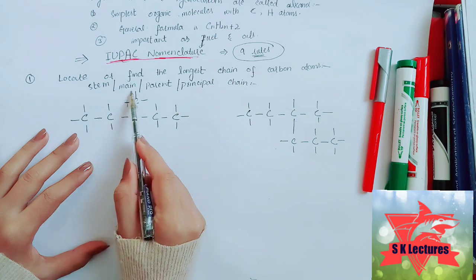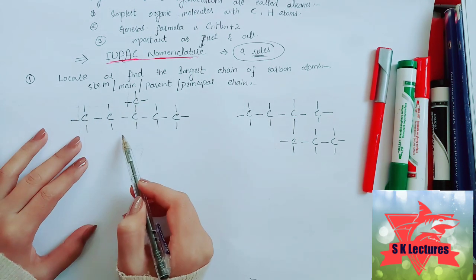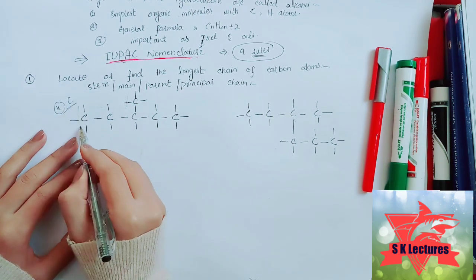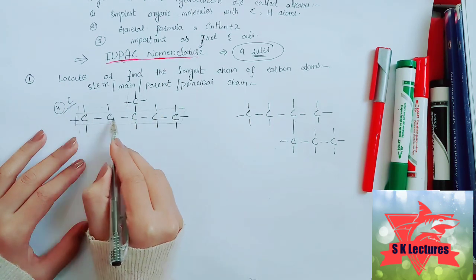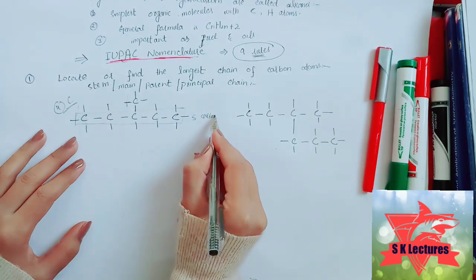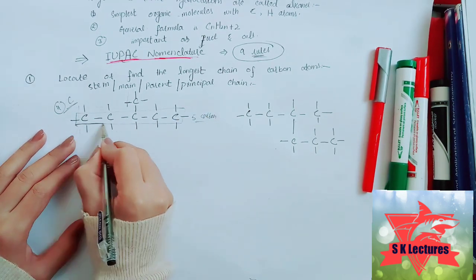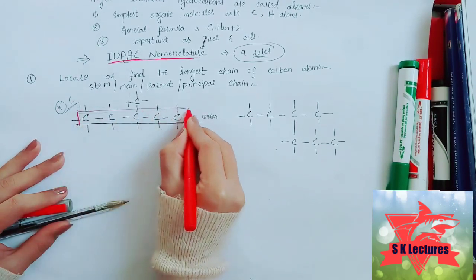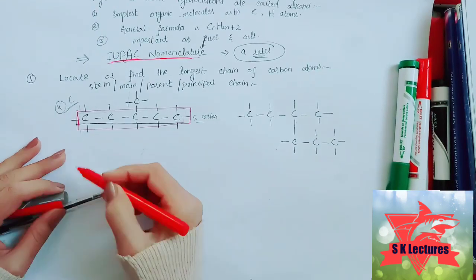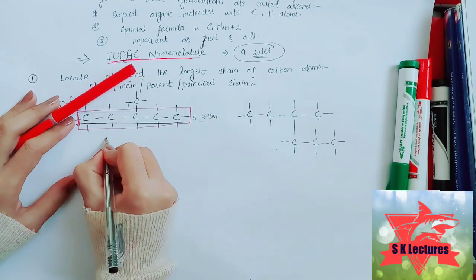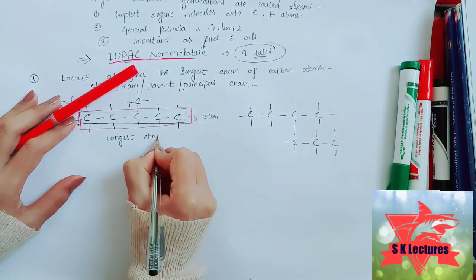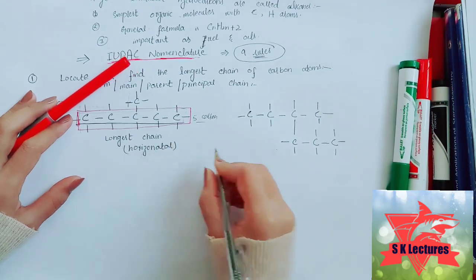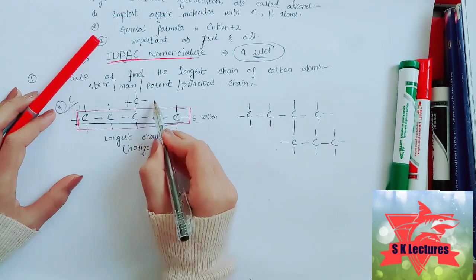If we see in the first example, we can select this chain, but this has 4 carbon atoms. But if we select this chain as the parent chain, then it will have 5 carbon atoms. Then the longest or parent chain will be this one. Let me encircle it for you. That is the longest chain with 5 carbon atoms, the longest or parent chain or principal chain, whatever name you wish to call it. So it is a horizontal parent chain.